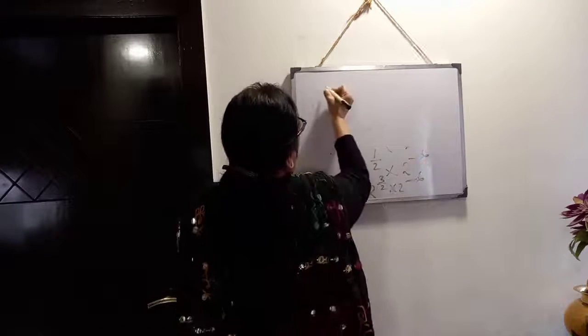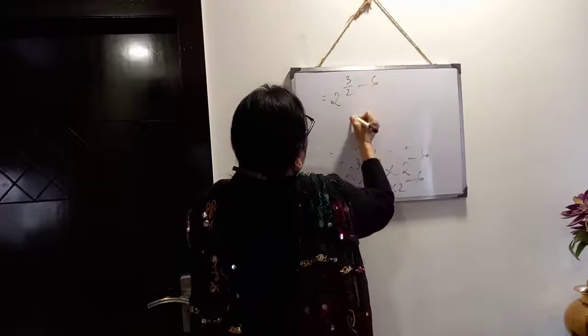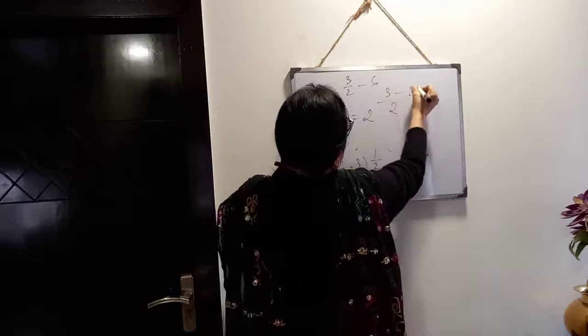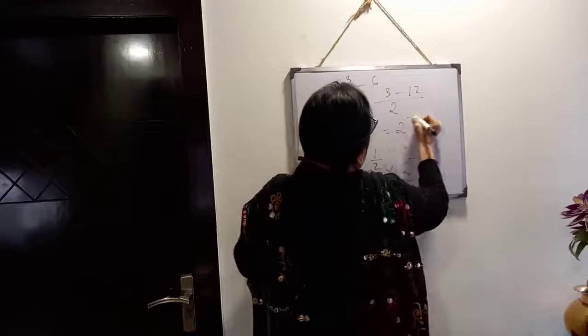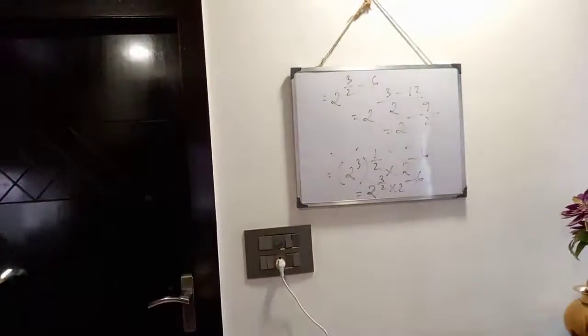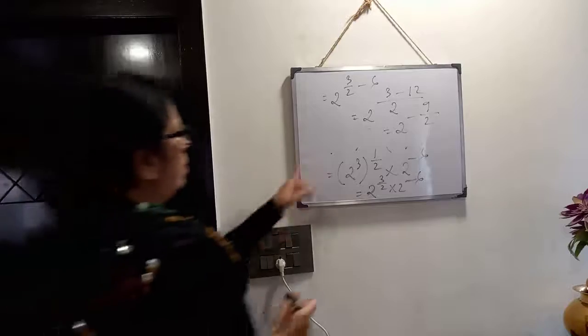So here the base is the same, so we can add the powers. So now take the LCM. Minus 9 by 2. This is the answer. 2 to the power minus 9 by 2. Clear?